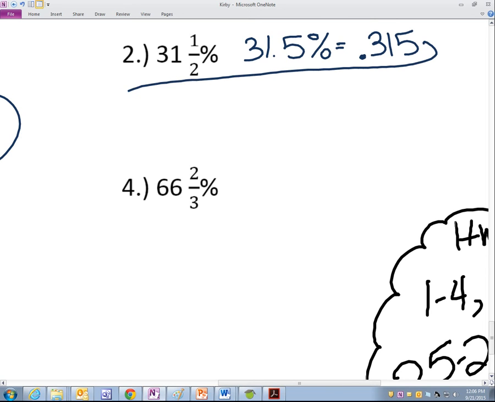So I have 315 thousandths. Don't put that over 100, because there aren't just hundredths, there are thousandths there. So I have 315 thousandths.